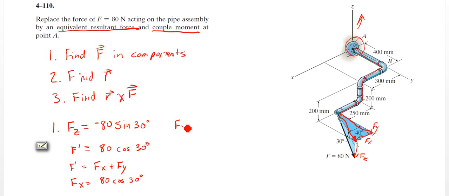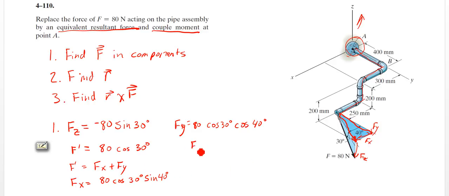So our Fx is 80 cosine 30 times sine of 40, right? We're getting that part times sine of 40. And Fy then is going to be 80 cosine of 30 times the cosine of 40.